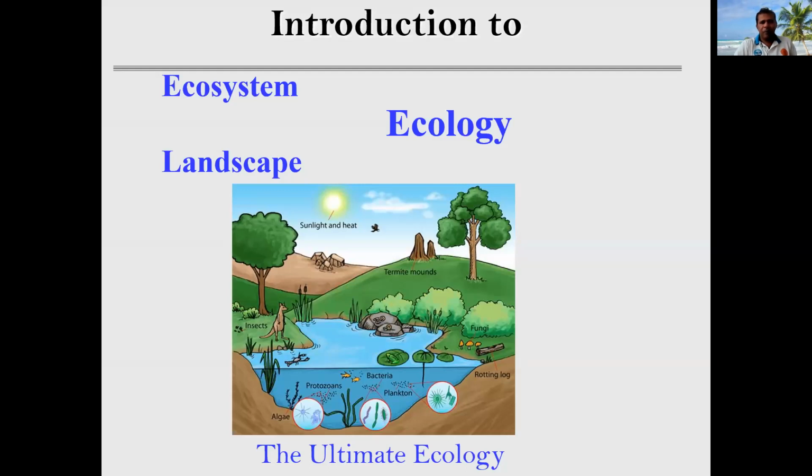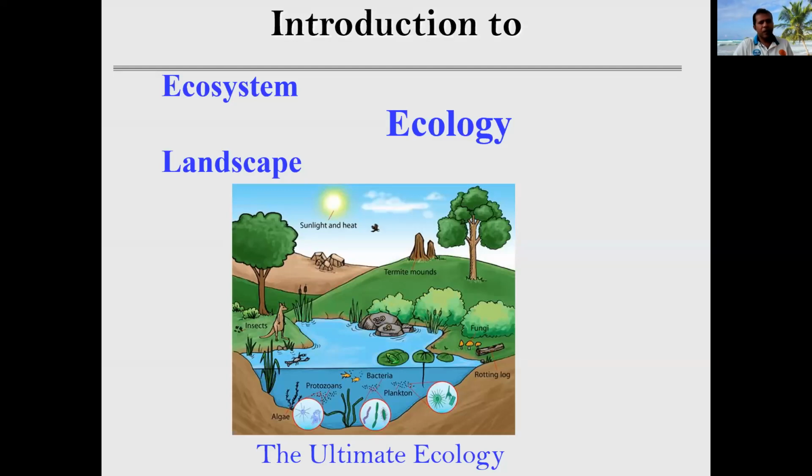But as biologists, we know that all these are interconnected. Although we consider this as individual or population or community, at the end, all of them are interconnected, and there is a lot of interaction between communities as well, right?